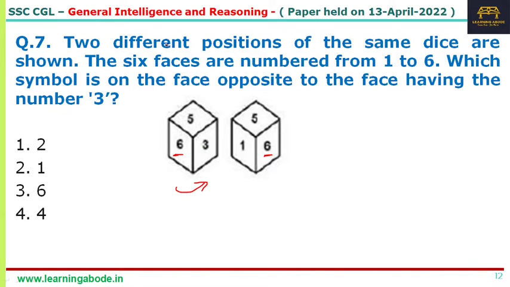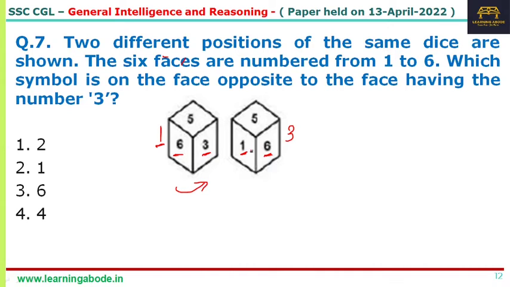So they have just moved only one face. Which means 1 was here, on that side. Let's say 3, we are facing 6, 3 is on our right, and 1 is on our left. So they have just moved one face. Now we are facing 1, and 6 is on our right, in which case 3 will be on the back.